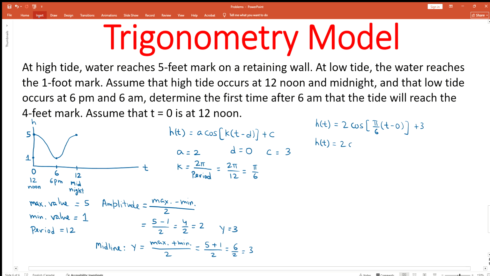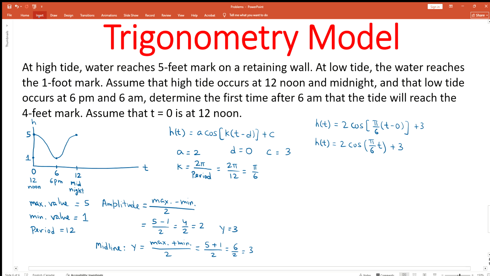So we get 2 cos pi over 6t plus 3. Now we can use this equation to find the time at which the height is 4 feet after 6 a.m. In order to find this time, let's first understand when the time 6 a.m. will occur using the sketch I drew on the board.